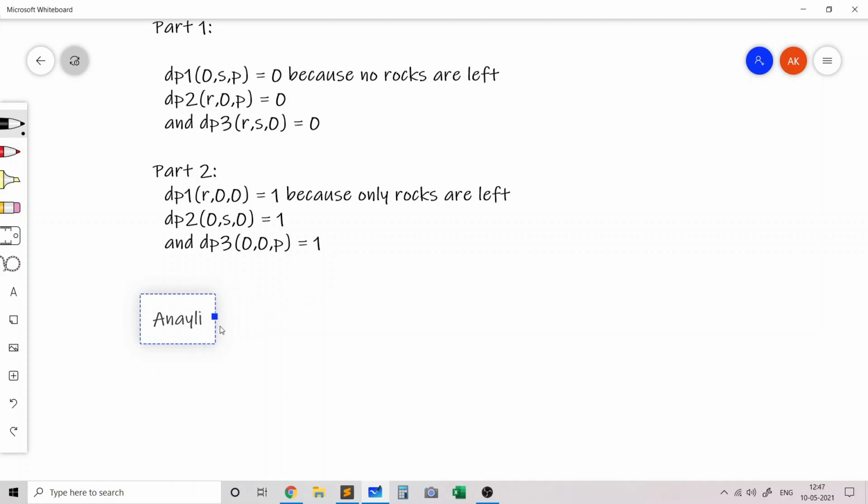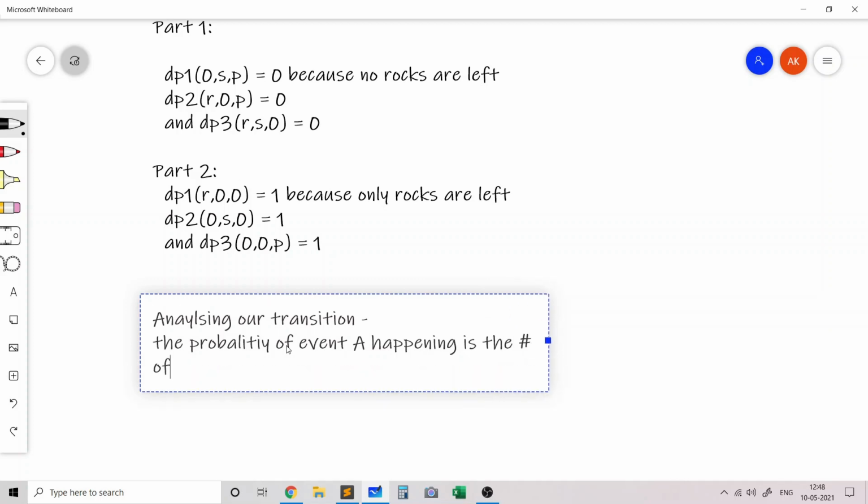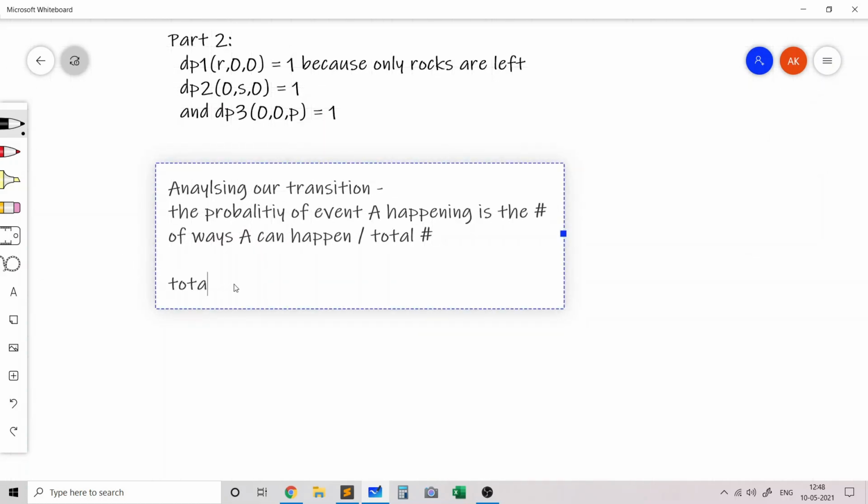So analyzing our transition, the probability of event A happening is the number of ways A can happen divided by the total number. That's how we normally define what a probability is. So let's store the total.